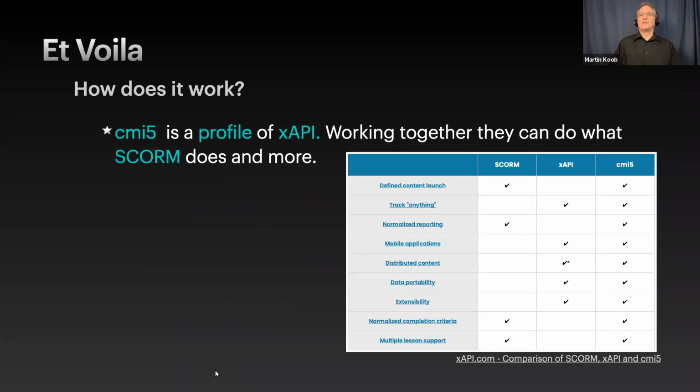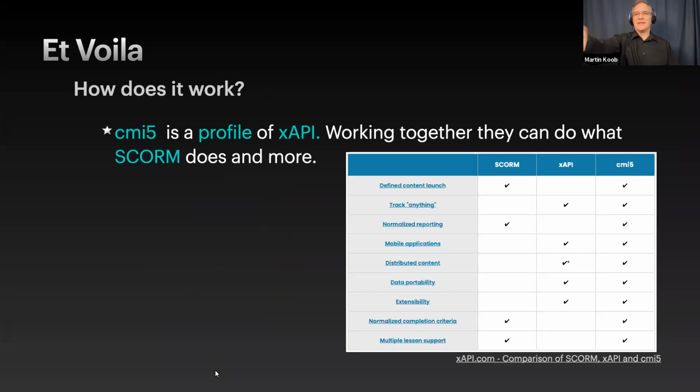And this is a graphic from xapi.com, and it shows that cmi5 basically does what SCORM and xAPI could do independently. xAPI on its own can't do everything.